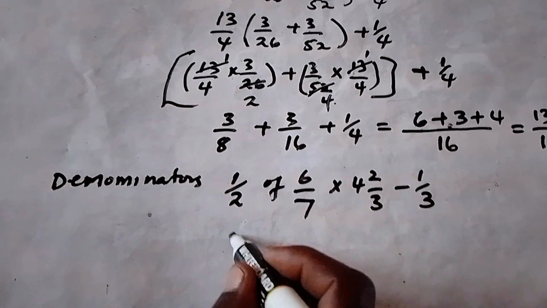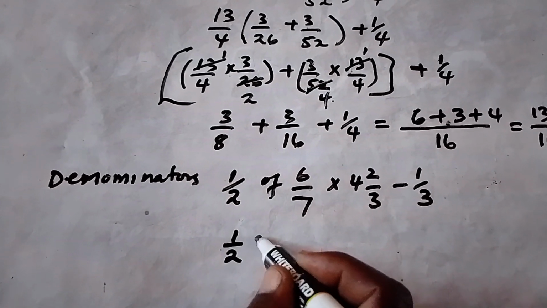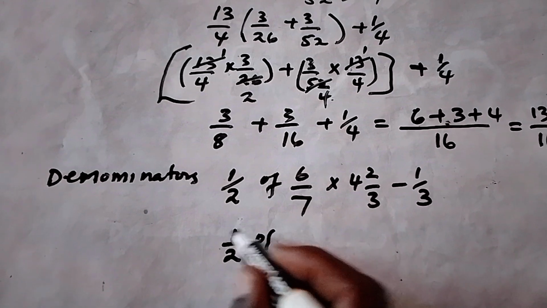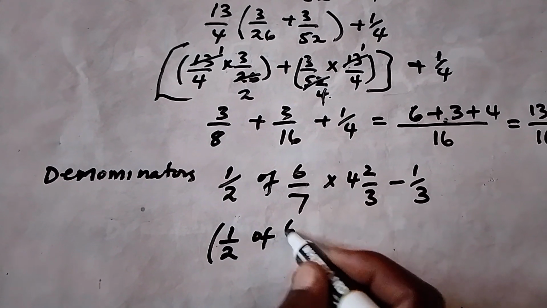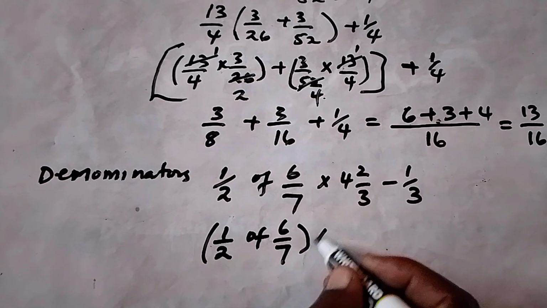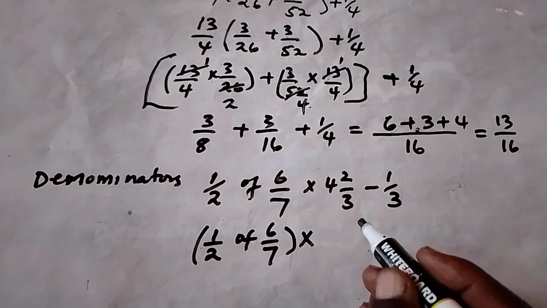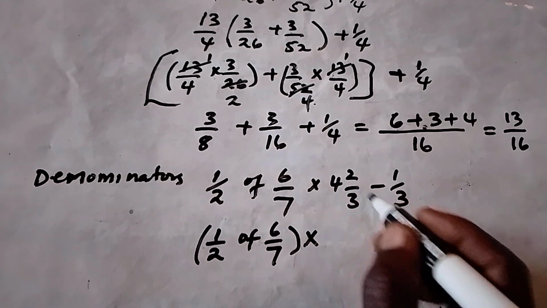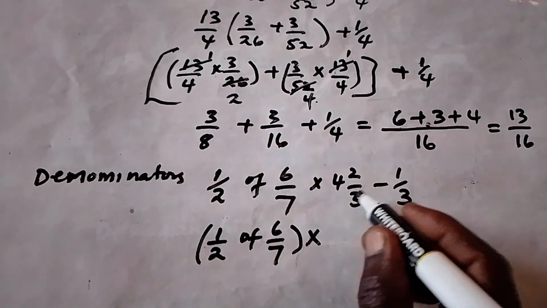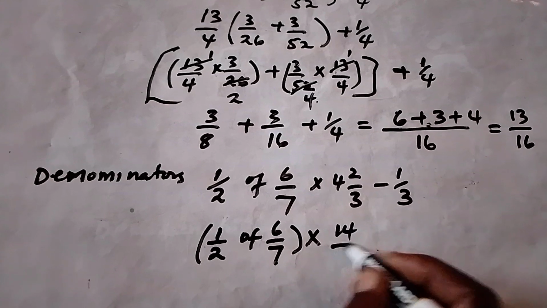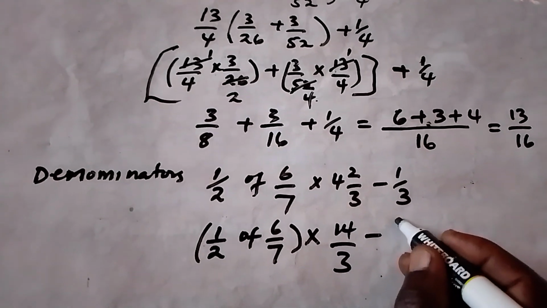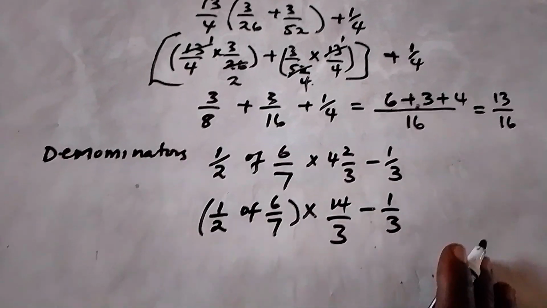So we start by working it out. So we have of 6/7 times, convert 4 2/3 into an improper fraction. This gives us 14/3 minus 1/3.